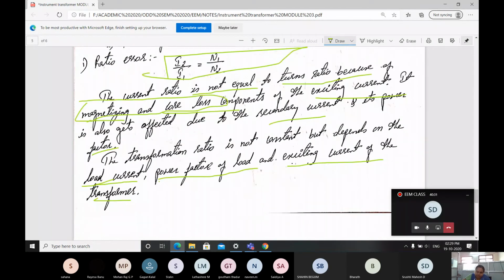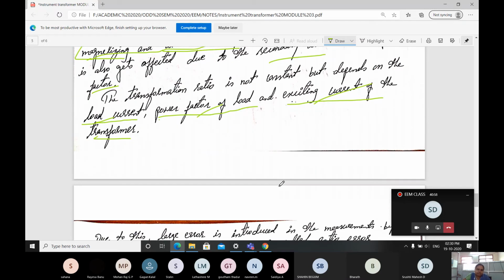Of course, all are varying functions, because the load is not always constant. We provide how much is needed, but due to the losses in electrical devices, you will not get the exact values you require. That is the main disadvantage.